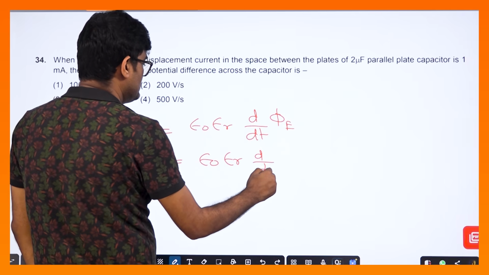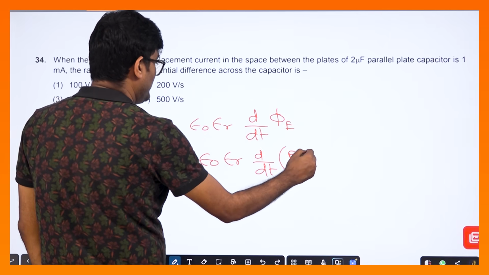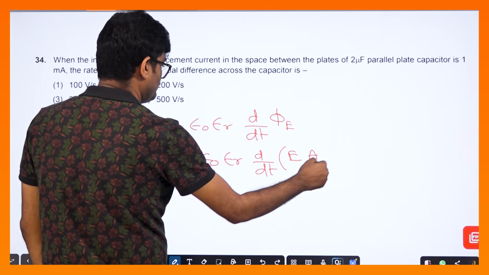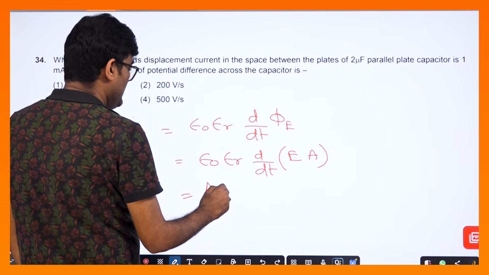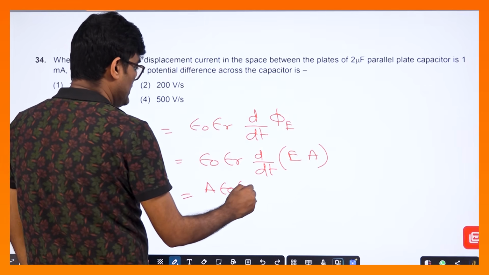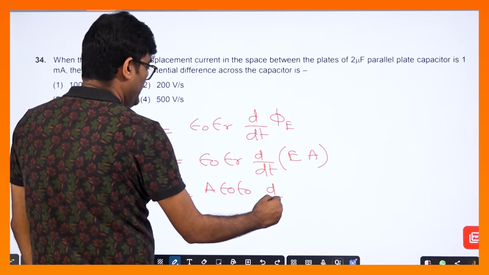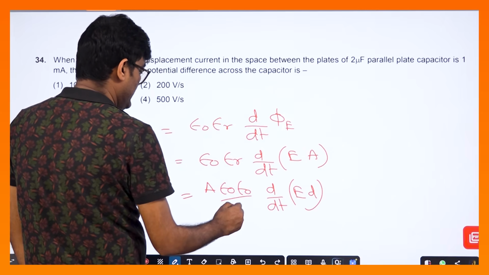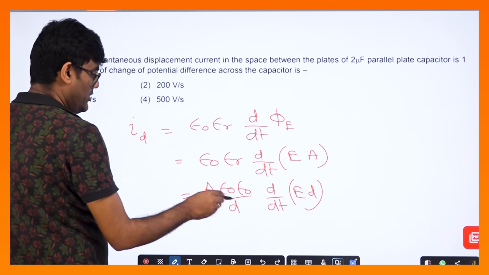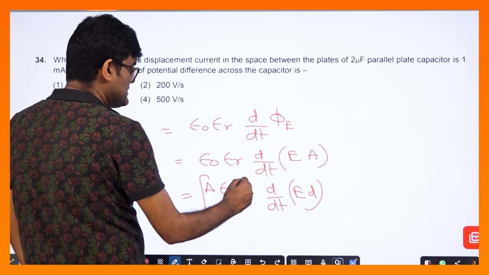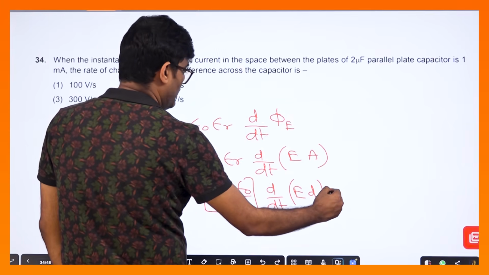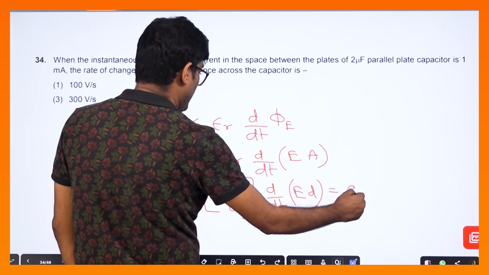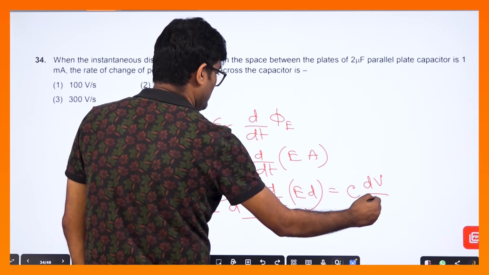Phi e is equal to E into S, area. As area is constant, it is A epsilon epsilon r into d by dt of E. Now, if I multiply d on both sides and in the denominator also, this becomes the capacitance and this becomes the voltage. So, current is equal to capacitance into dV by dt.